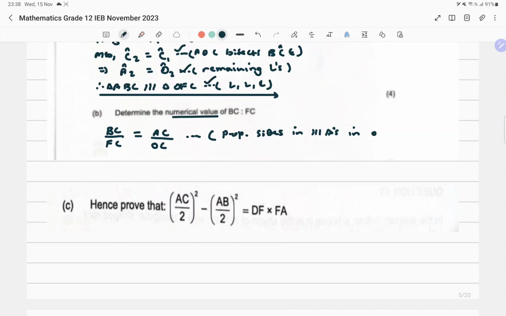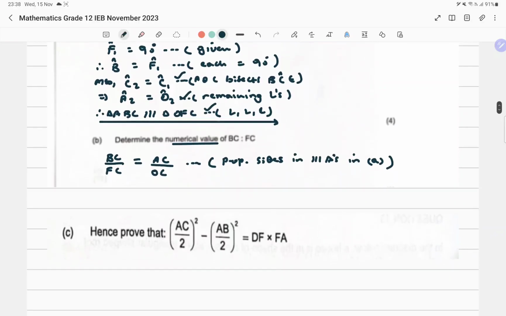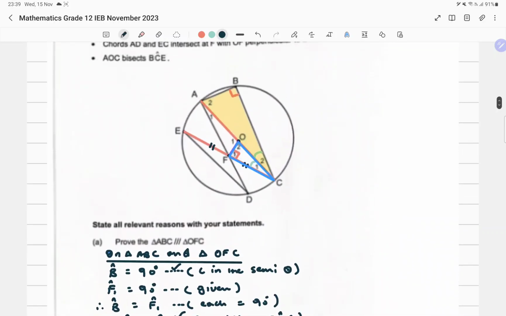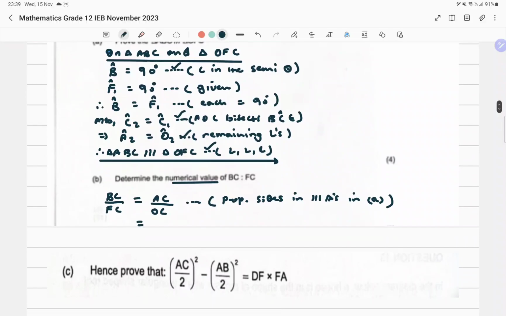Sometimes you want to state, why are you saying such things? Where did you get it? Please give us the information because it is very important. Now, we can safely say this is equal to AC. We can express AC as twice OC, 2 times OC over OC.